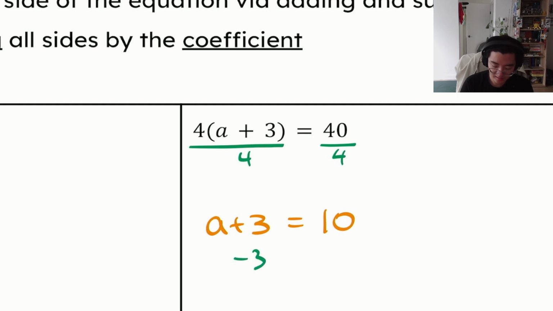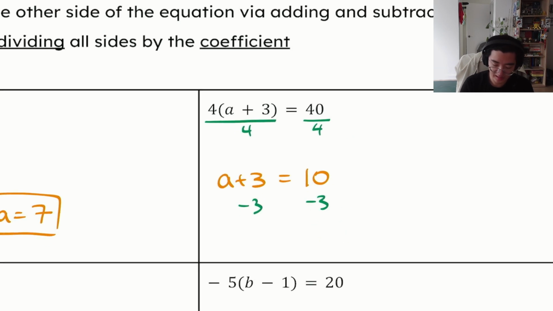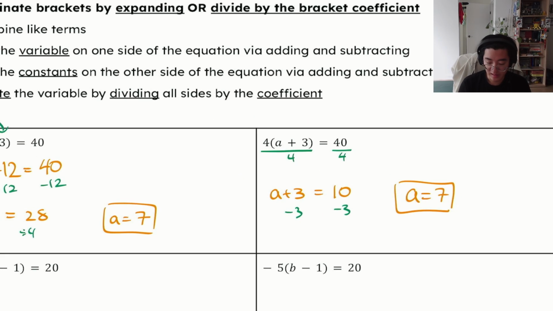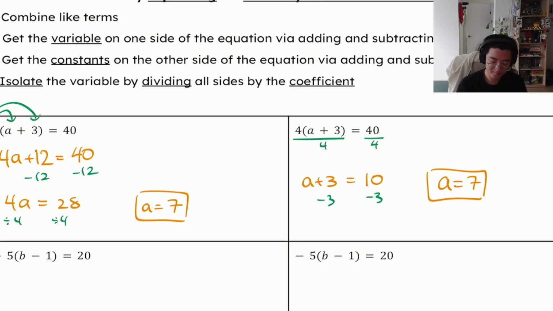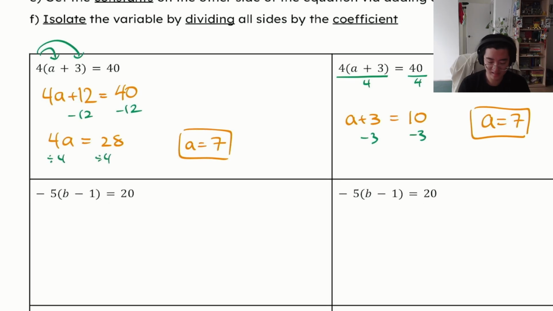And from there, it's a plus 3 minus 3, and a is also 7. As you can see here, if we just divide the coefficient away from the bracket, it's one less step. But again, it doesn't always work, it's not always faster.